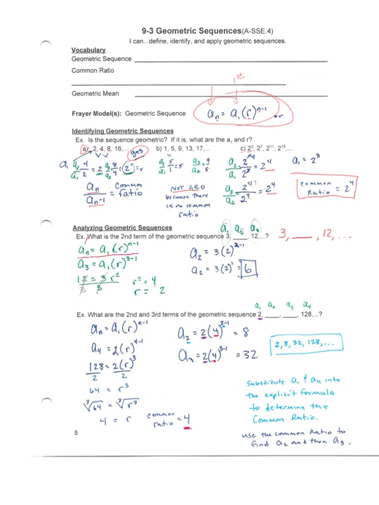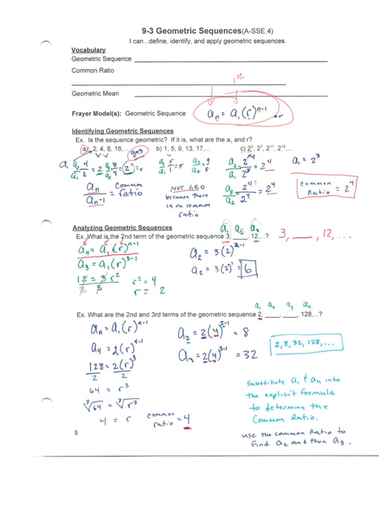We need to find some term, identify our first term, and identify our ratio. We know the third term and the first term, so we can use that to identify what our common ratio is. And once we do that, then we can go on and do more.